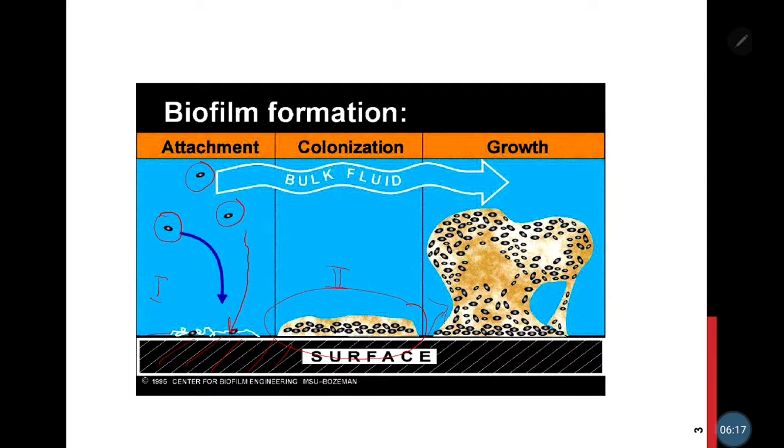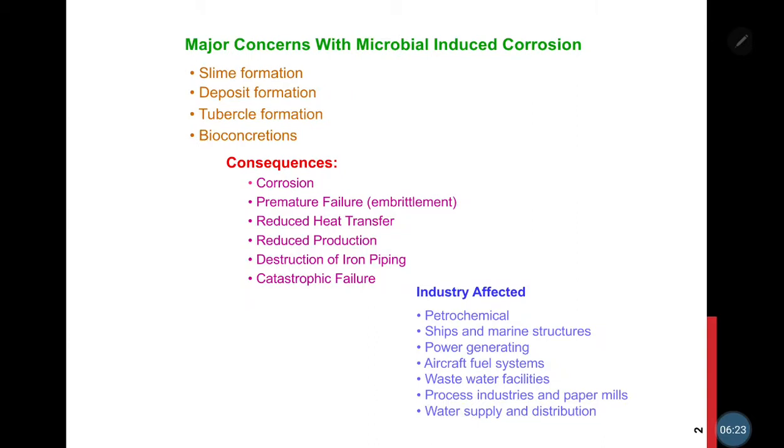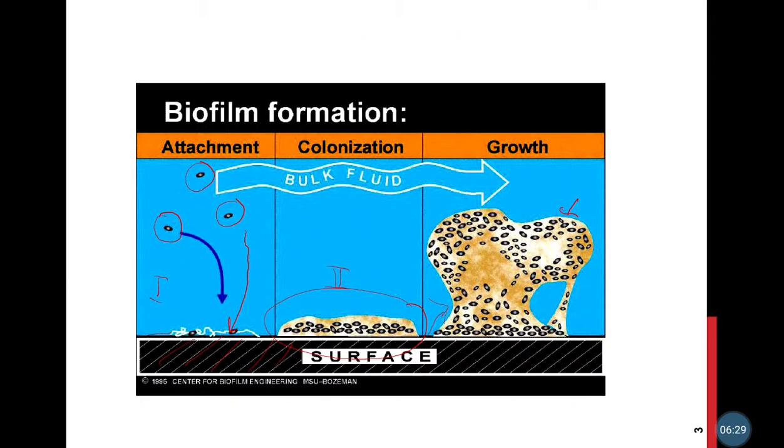Then in the next phase dia akan grow jadi macam ni. Kalau awak tengok ni ialah satu bioconcrete. Kalau awak ingat tadi dia panggil bioconcretions. Kalau yang dekat sini ni dia mungkin panggil deposit formation ataupun tubercles formation. So in the next phase, which is the growth phase, dia akan jadi satu bioconcrete yang besar.